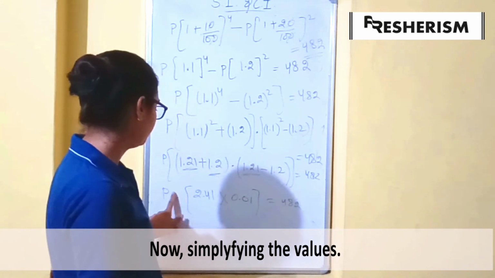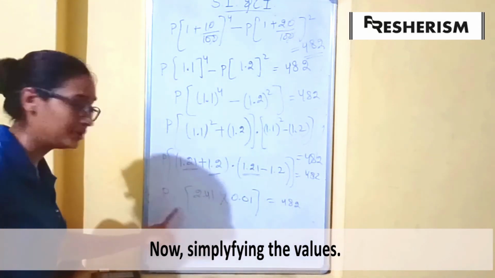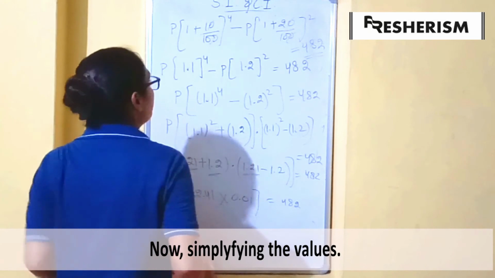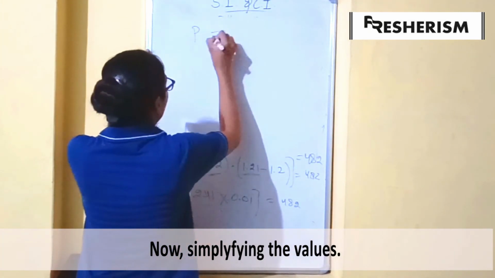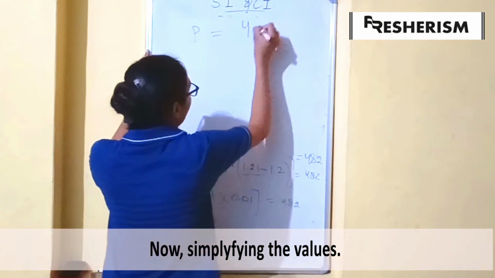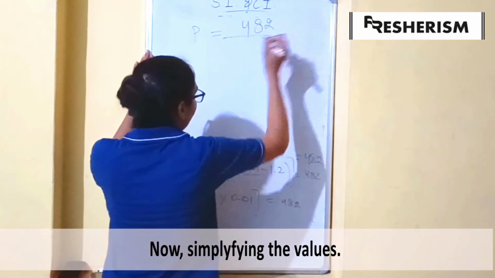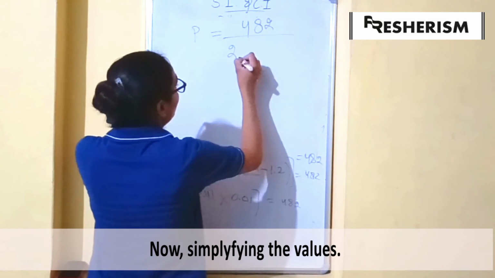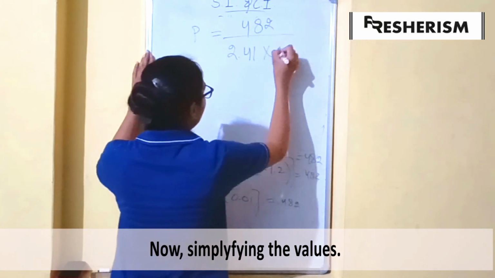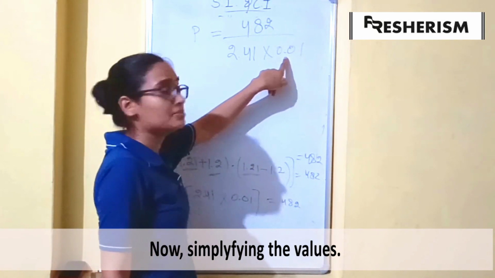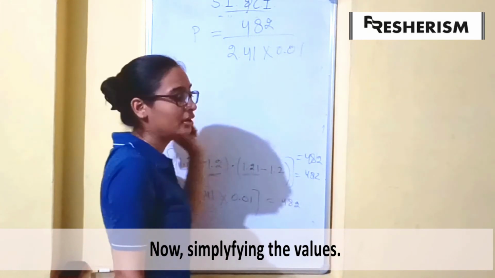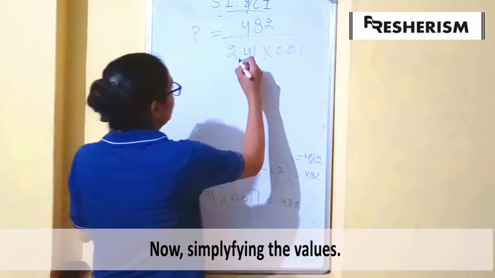To find P, we can send it to the other side. So P would be equal to 482 divided by 2.41 multiplied by 0.01. We can remove the decimals to get 100 into 100 there, and we just have to solve this.